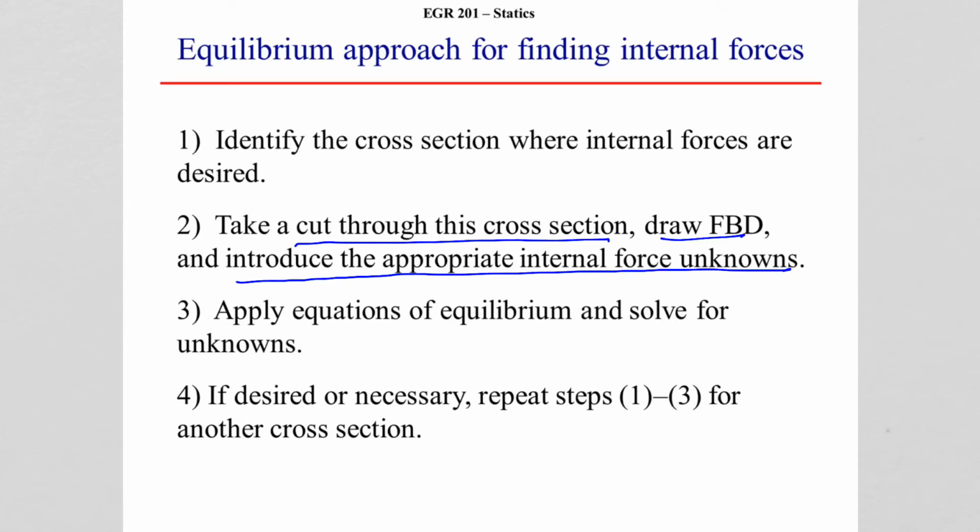And again, that's the ones we just talked about, our normal force, our shear force, and then our moment. Then we apply, of course, our equations of equilibrium to solve for unknowns. And then if desired, maybe there's other cuts and other locations we want to know these values for, we would take additional cuts. What we're looking for typically is for failure where we may see the highest of these values. That's kind of typically what we're looking for when we do this type of analysis.